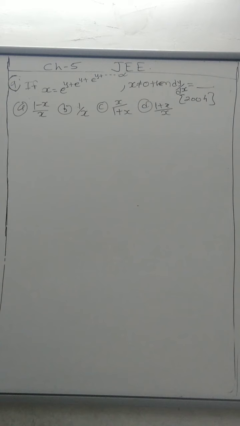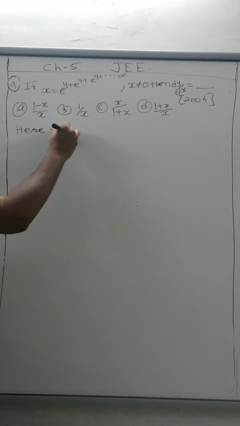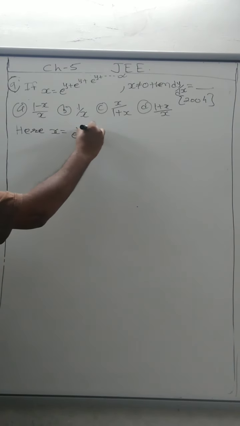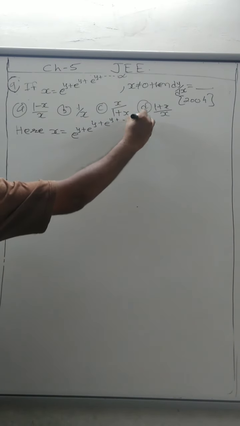Next sum is, if x equal to e raised to y plus e raised to y plus up to infinity, x is not equal to 0, then dy upon dx is equal to dash. This is asked in 2004. Here x equal to e raised to y plus e raised to y plus e raised to y and up to infinity.